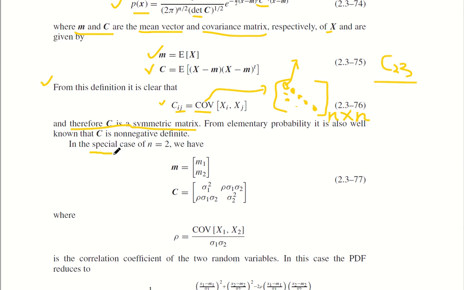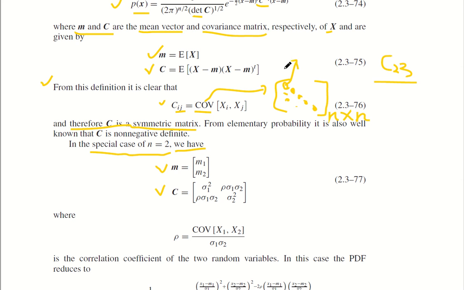Okay. And in the special case of n equal to 2, we have something very clear. That is, m equal to m1, m2, and C, as you see, the first element is sigma 1 square, sigma 2 square, and then rho sigma 1 sigma 2, rho sigma 1 sigma 2.